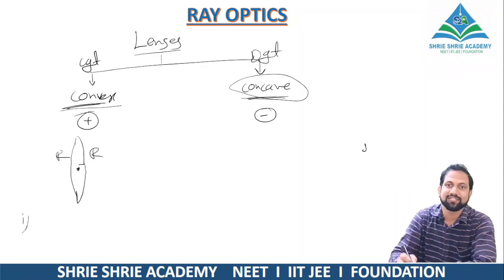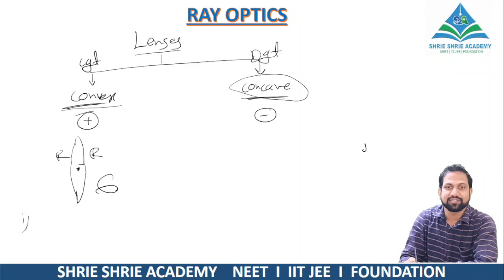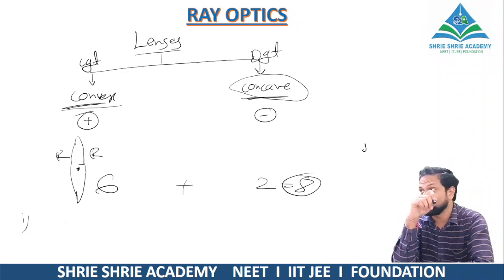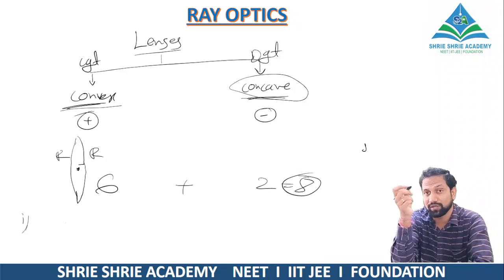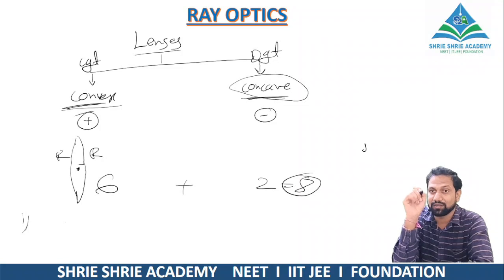Are you clear with that? So I told you already, here 6 cases, here 2 cases. You have to remember a total of 8 cases. Just like the convex mirror and concave mirror, here convex lens and concave lens you have to remember, right?